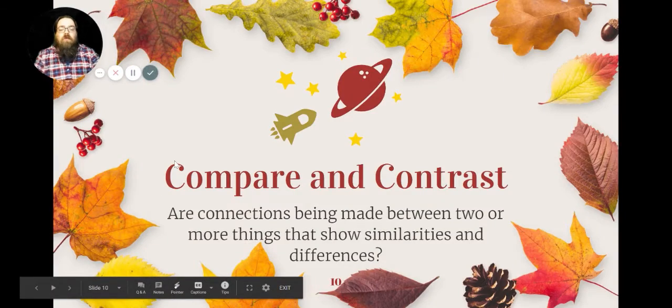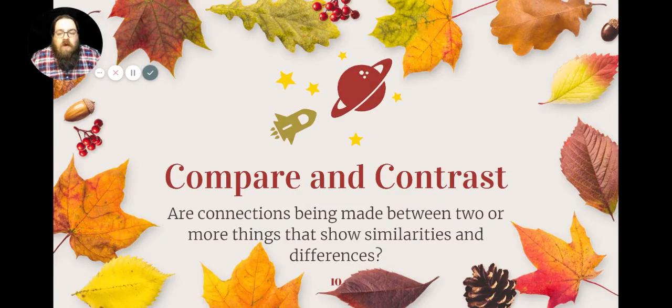All right. So when we're comparing and contrasting, we are asking ourselves, are connections being made between two or more things that show similarities and differences? If we can say yes to that question, we are reading a compare and contrast text. This can sometimes be tricky because compare and contrast texts are often made up of other types of text structures.